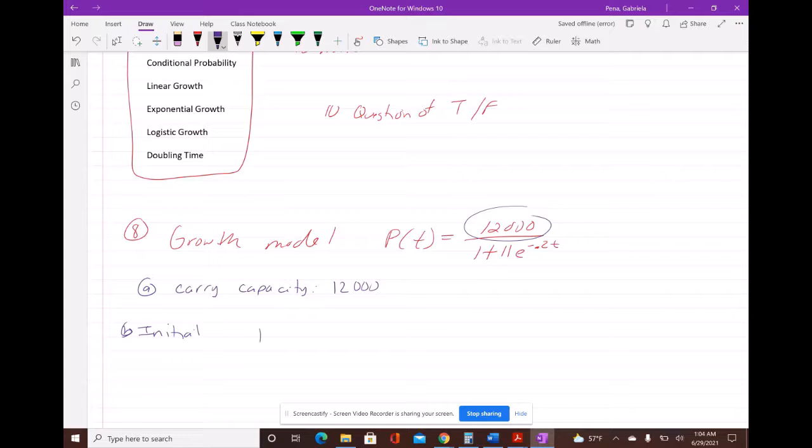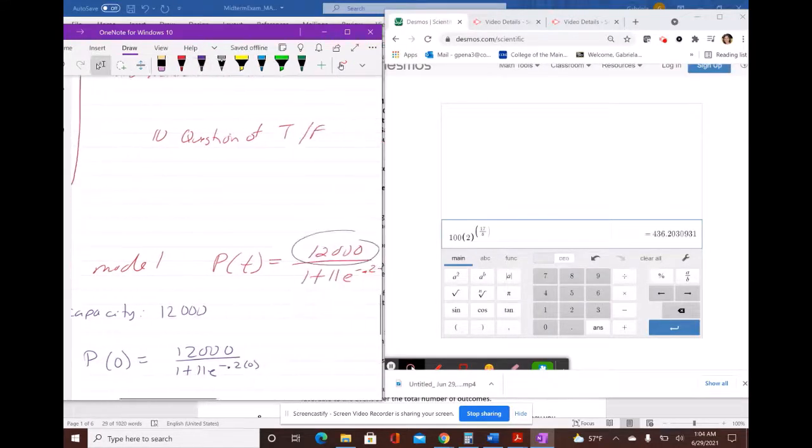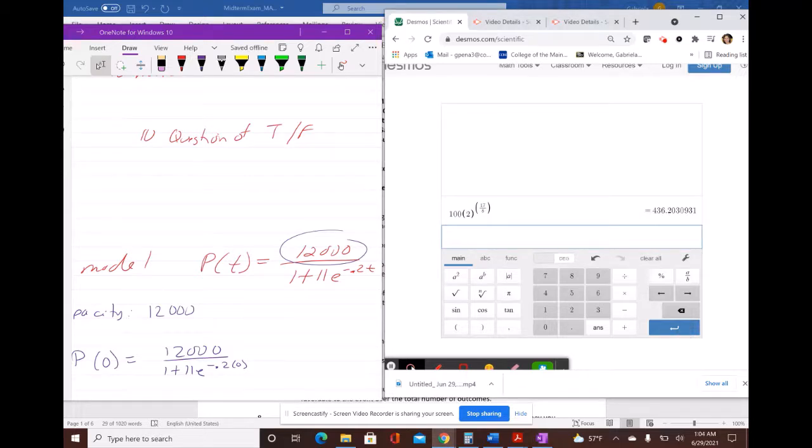Now, part B is going to ask you to find the initial. In order to find that, I have to find the initial at 0 time. So I would have to calculate this and put it into the calculator in order for me to be able to figure out what it is. So for t, we're going to put 0. Now I'm going to minimize this, come over here, we have a fraction, 12,000 on top, and the bottom it is 1 plus 11.